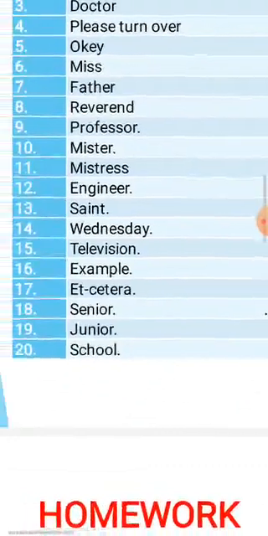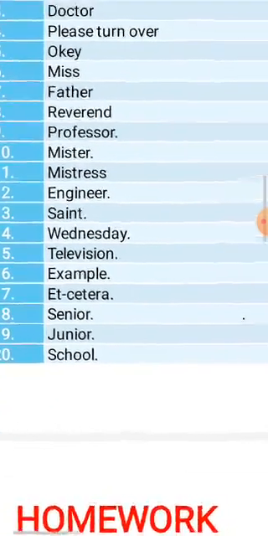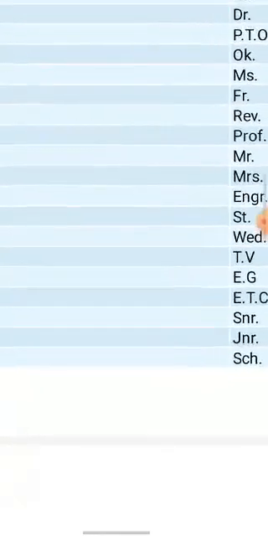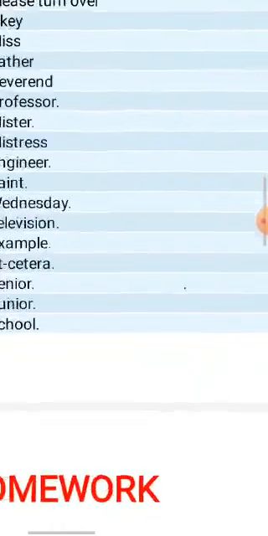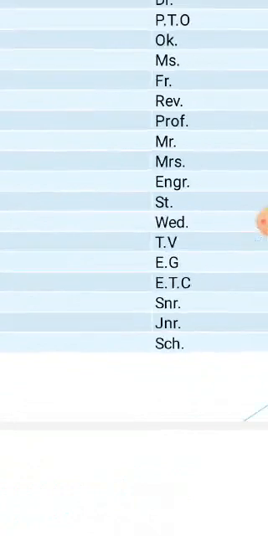The next one is television. Television is abbreviated as TV. The word example is also abbreviated as EG.